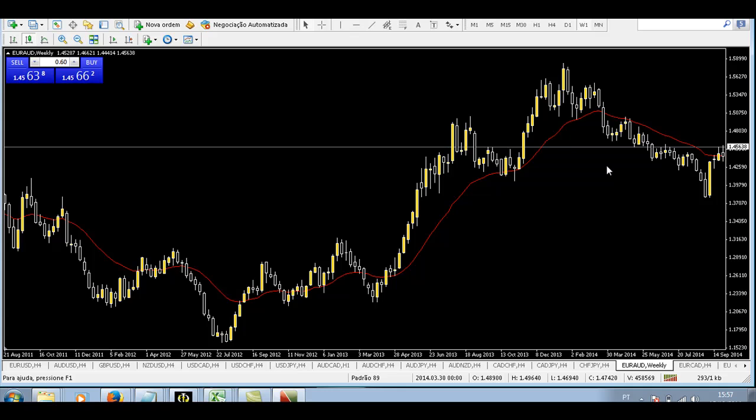We can identify the great problems traders have in the forex market: they can't identify the trend because they use a lot of indicators and analyze a lot of indicators that indicate some probability of direction or force of the market.